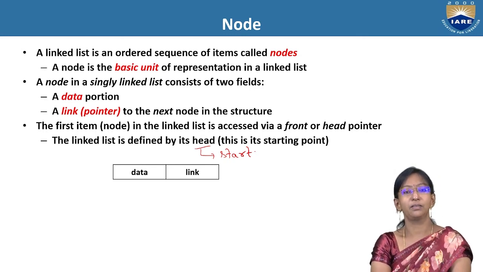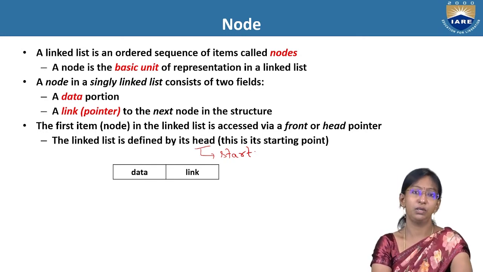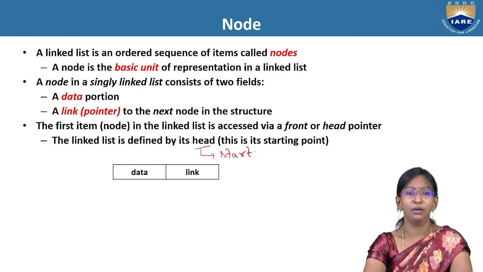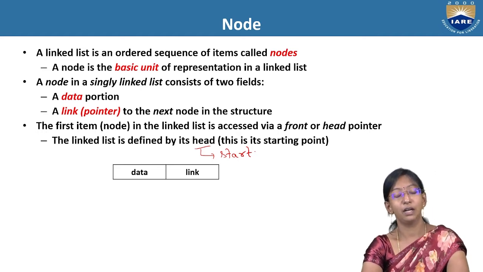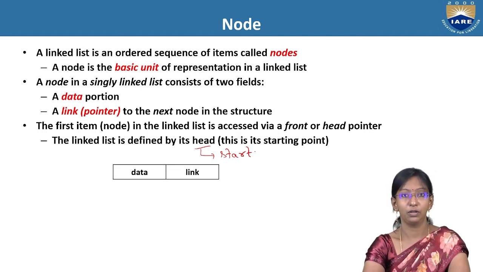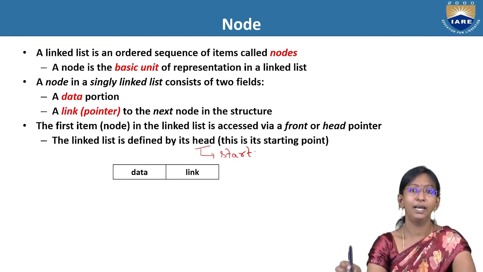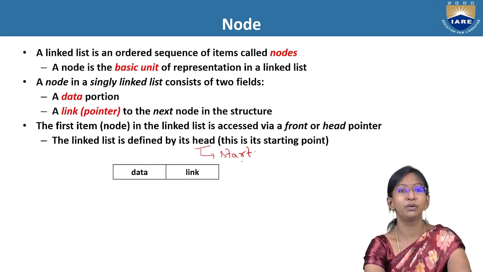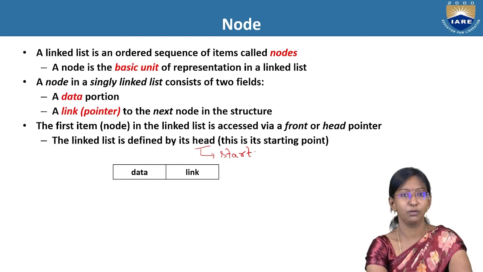So always, whatever operation I do, whether insertion, deletion, search, reverse, whatever operation you name, for a linked list, you have to start from the first node, whose address is stored in either head or start. So I call head or start as the pointer variables which hold the address of the first node, right?